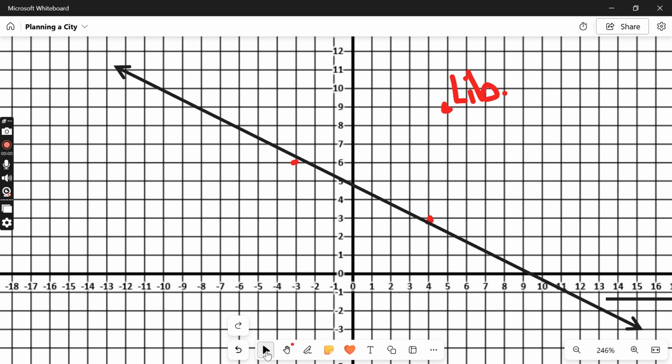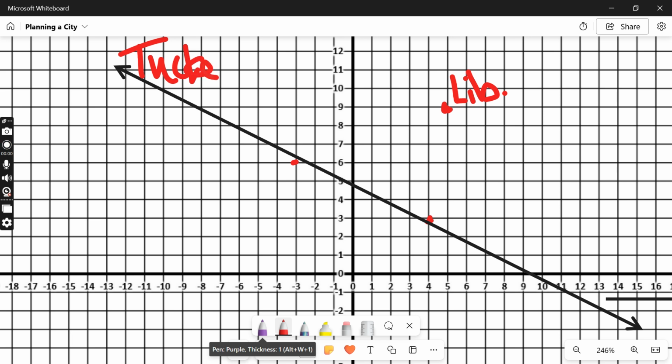And then I would need to label my lines also. So wherever I have them labeled, maybe towards the outside, I would write down what it's called. Like this is Tucker Street. Maybe don't write that big, of course, and you could follow the line.